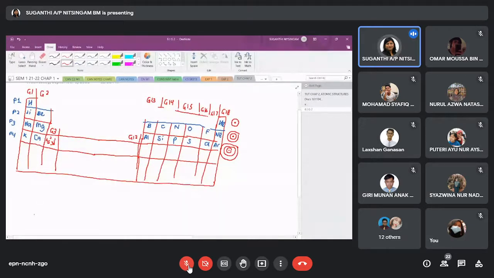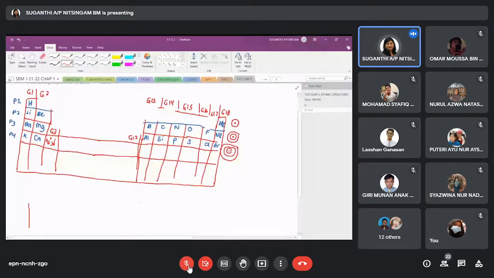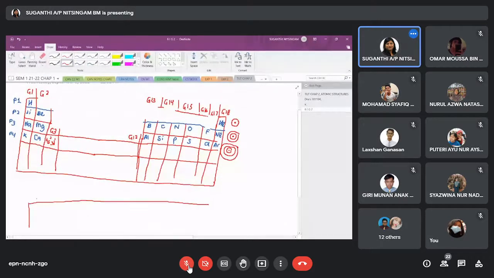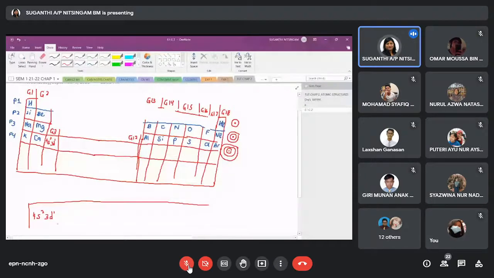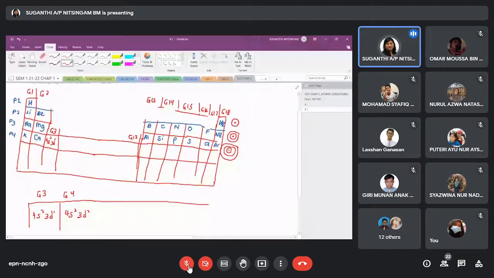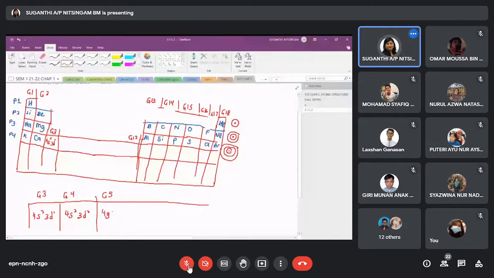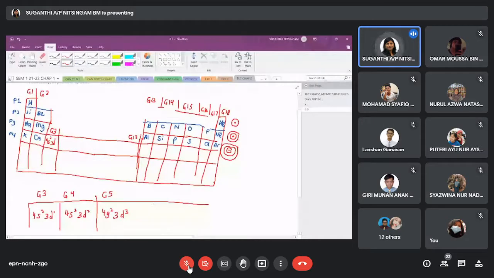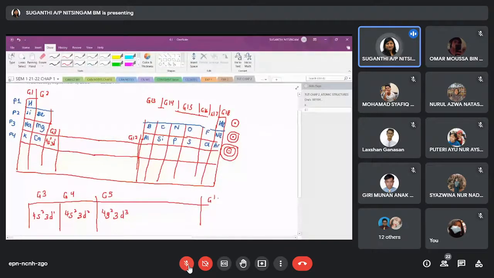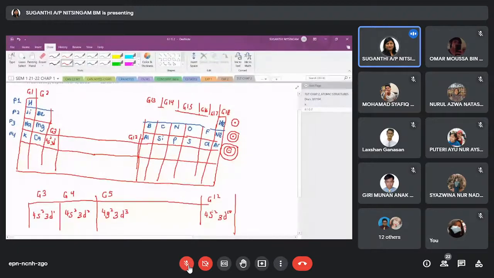Saya tulis besar-besar kat sini. 4s2 3d1 ialah group 3. Group 4 ialah 4s2 3d2. You nampak tak D dia sedang diisi, sebab tu saya panggil dia D block. Group 5 4s2 3d3. Sehingga group 12 saya ialah 4s2 3d10. Sebab tu dia jadi 12.